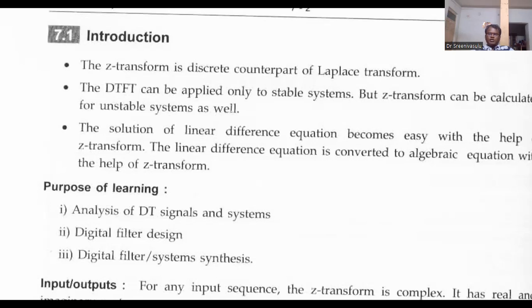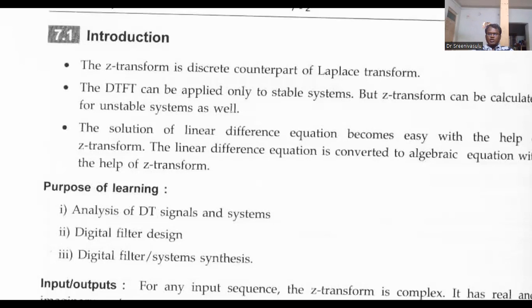Whatever problem the Laplace transform overcomes over the Fourier transform, that is also done by the Z transform in the discrete domain. The discrete time Fourier transform, DTFT, is applicable only for stable signals.